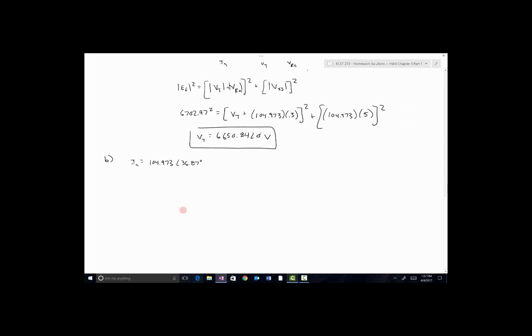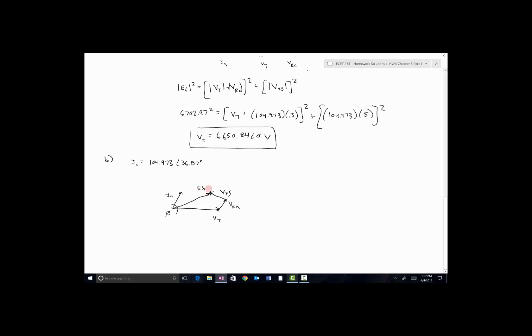So if I draw that phasor diagram, I've got VT as my reference. I've got IA at 36.87 degrees. That's phi right there. Got the voltage drop across that resistor, VRA, VXS, and then finally EF right there.